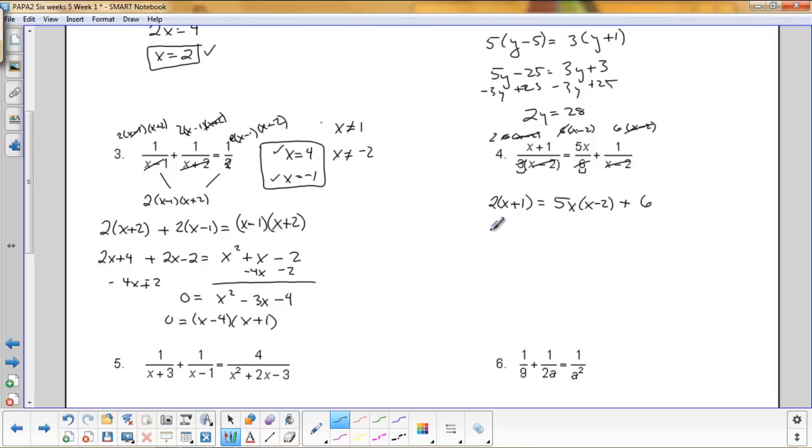I'm going to simplify by using distribution. 2x plus 2 equals 5x squared minus 10x plus 6. Moving the 2x and the 2 to the other side of the equation and combining like terms.